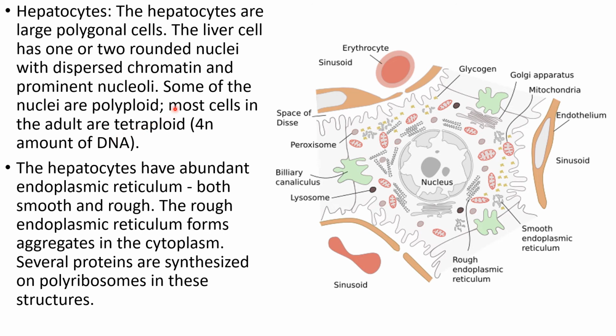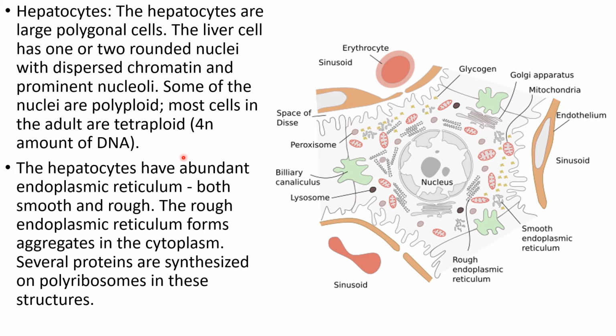The nucleus of the hepatocytes possesses a prominent nucleolus. Some of the nuclei of the hepatocytes are polyploid in nature, and in most adults the hepatocytes are tetraploid in nature. That means they possess 4 sets of chromosomes.